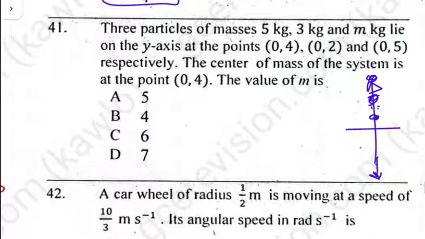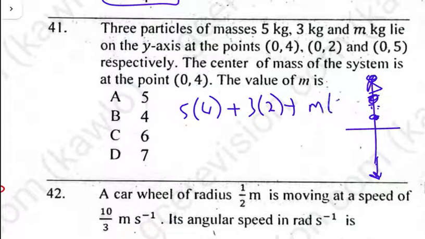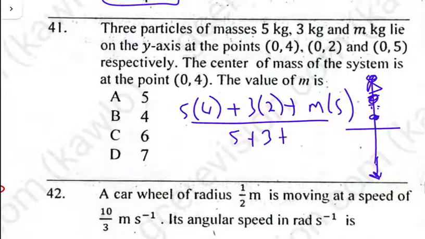so at these points we have the masses. The first mass is 5, so we have 5 times 4 plus 3 times 2 plus m times 5, all this on 5 plus 3 plus m, and the center of mass is just going to be equal to 4.